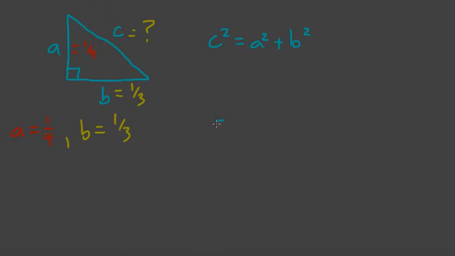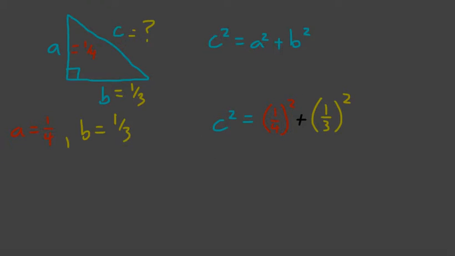So we have c squared equals 1/4 squared plus 1/3 squared. Okay?